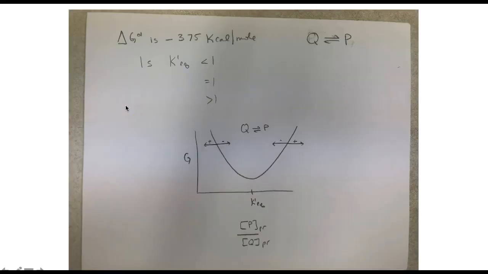Again, we're just going to plot this out. Free energy of the system on the y-axis, all possible ratios of P to Q on the x-axis. Our system is at lowest free energy when it is at equilibrium. Now, so far we haven't figured out what equilibrium is.